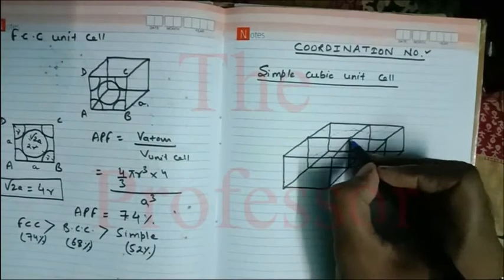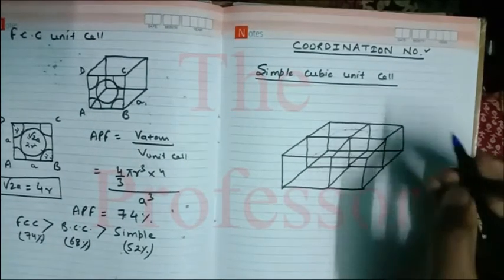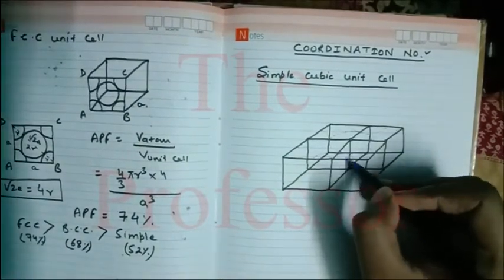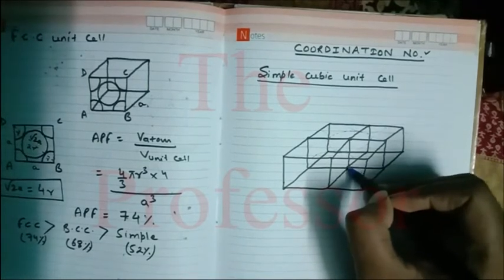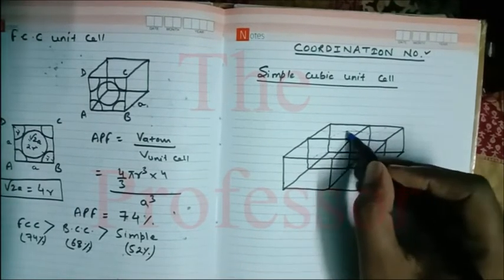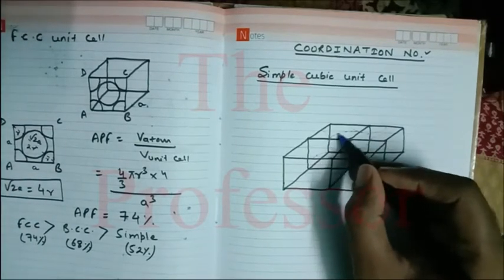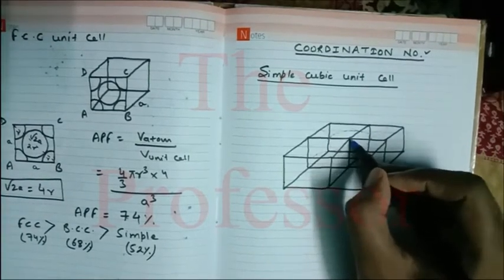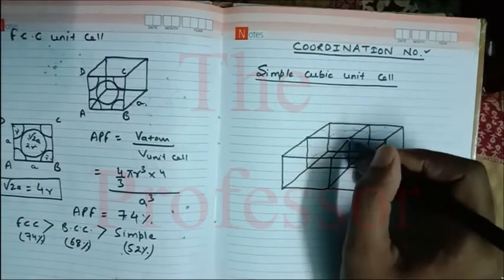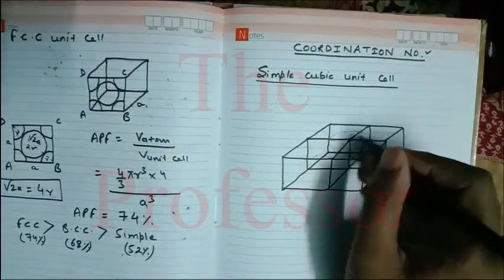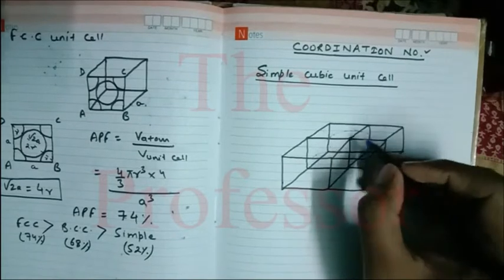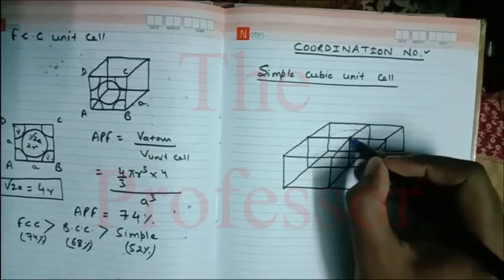Now apart from these 4 atoms, this atom will also be in contact with the atom which is present at this corner. See, this was just the vertical projection, this was just the projection. If we will look at this atom which is present at this corner from the top, then it was the top projection of this atom on this vertical plane, right? Sorry, on this particular plane. But this atom is also a spherical atom, right?